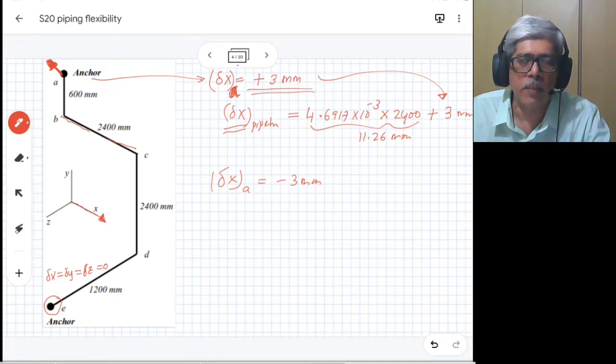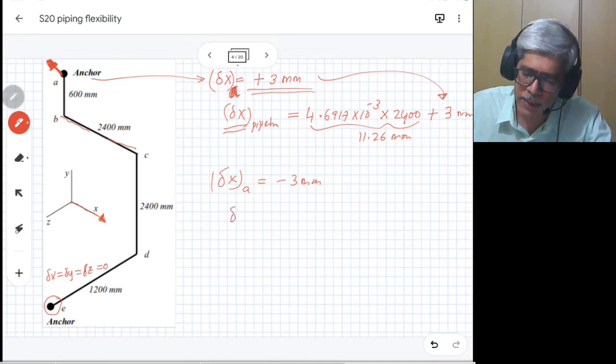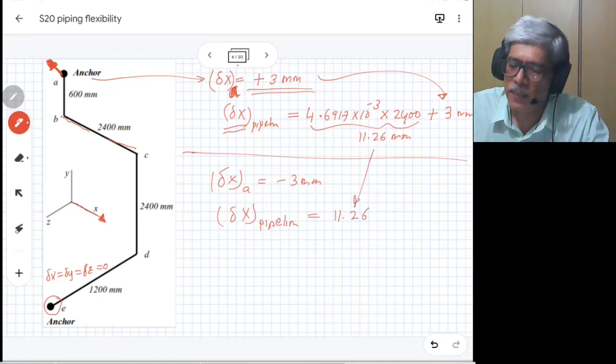The thermal stresses will be less, because out of 11.26, 3 millimeters will be taken away. So the net expansion that we'll consider in this case would be 11.26, which is the first term, minus 3 millimeters.